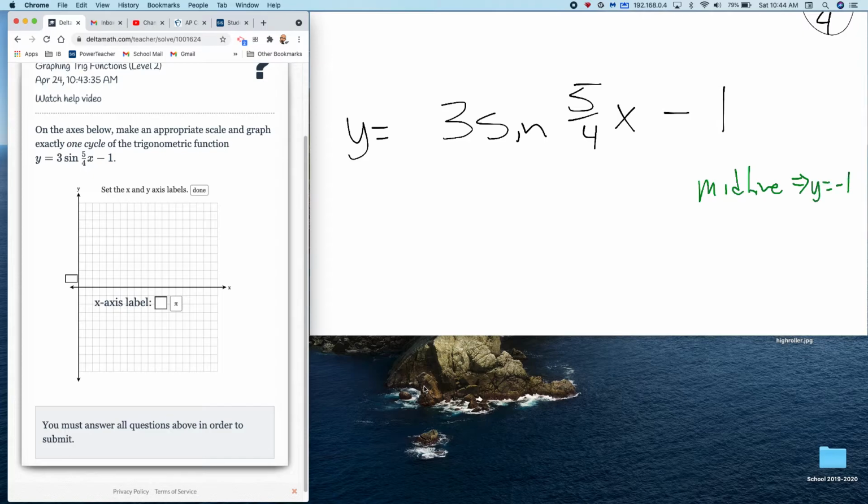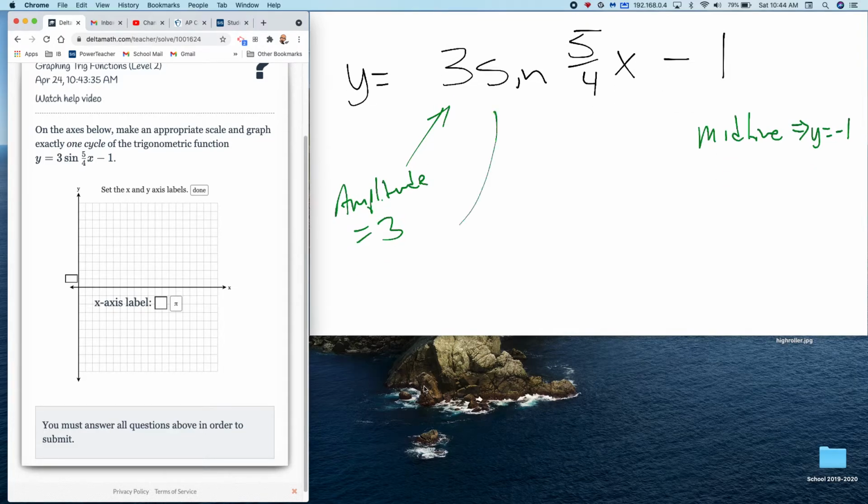So we know this thing drops down 1. We know our amplitude is equal to 3. We know that since it's a sine graph, it's got to look like that.